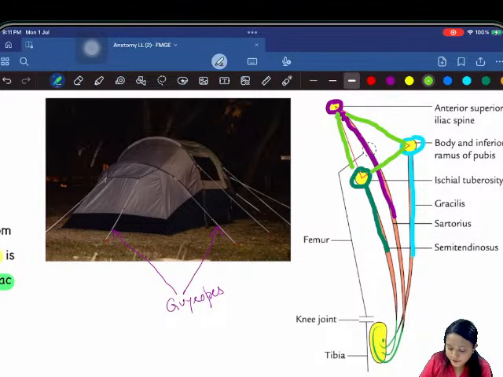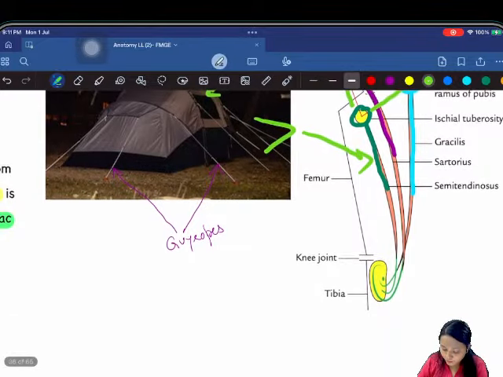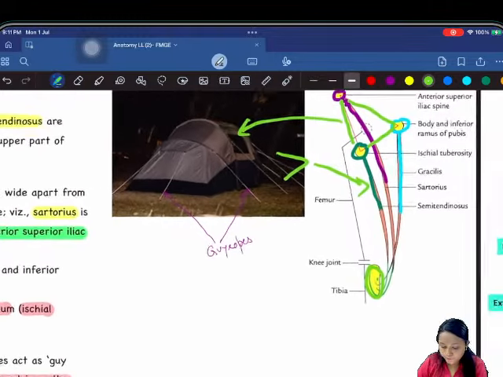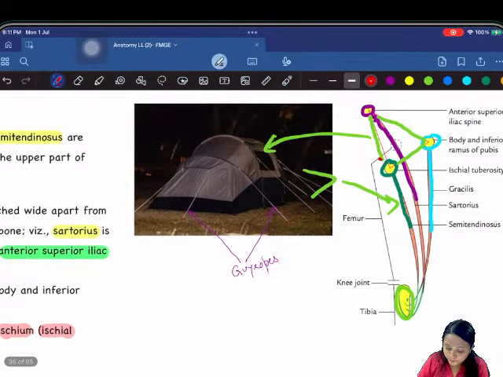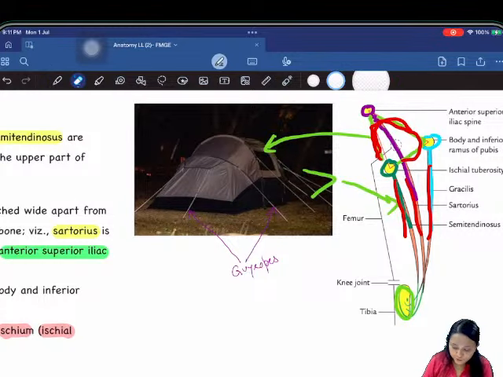This is its upper part, this is the tent, and these muscles are the ropes, the guy ropes, which attach to one point on the medial aspect of the tibia, where you have the pes anserine bursa. So the hip bone is the tent, and the muscles below act like ropes, building tension and stabilizing the hip, and that's why the term guy rope came.